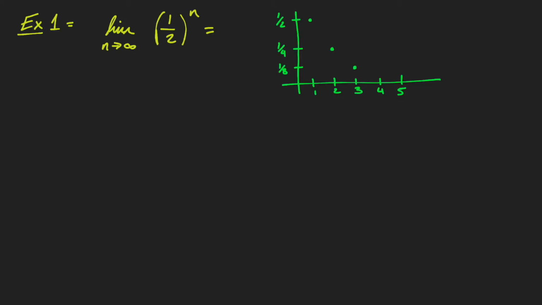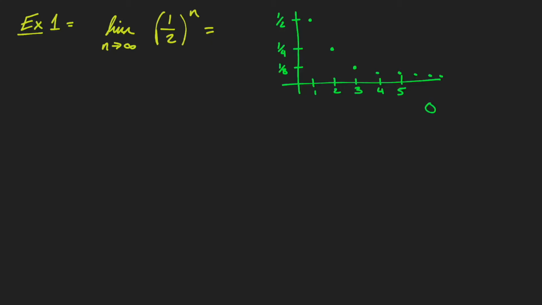You can feel free to graph this on your calculator if you like, but I'm just showing you the trend here. As you go further and further down this line, you're going to notice that as x approaches infinity, it's approaching this horizontal axis, or in this case, a value of 0.